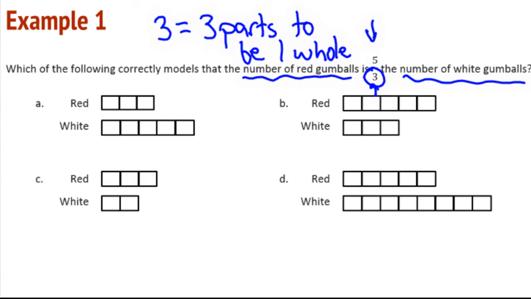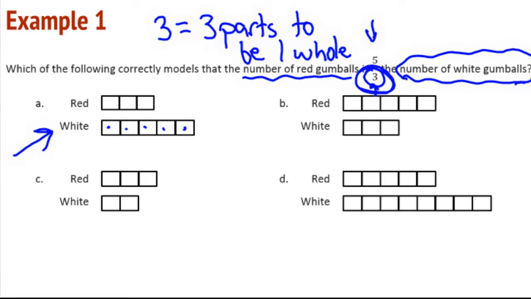Now the whole in this case is the number of white gumballs, 5/3 of the white gumballs. So if we take a look at this, do we have the white gumballs as being a whole of 3? Well, we see 1, 2, 3, 4, 5 parts there. That doesn't match this denominator of 3 parts here for the white gumballs.